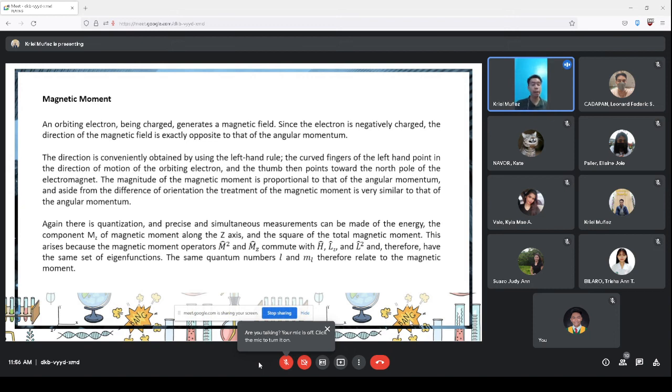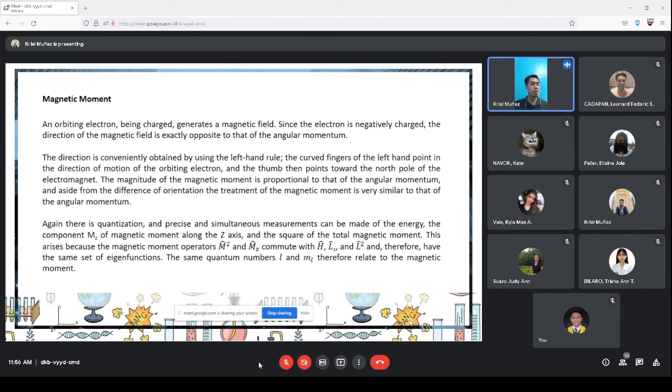and for angular momentum. So again, there is quantization and precise and simultaneous measurements can be made of the energy, the component m sub z, yung kanina L sub z yung gamit natin for the angular momentum along the z-axis. This one naman is the magnetic moment along the z-axis. So m sub z of magnetic moment along the z-axis and the square of the total magnetic moment.